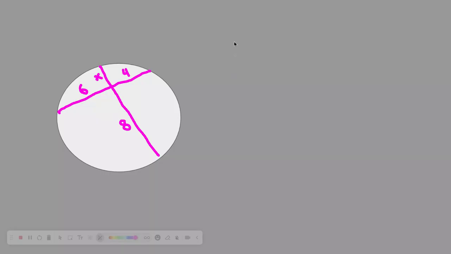Well, according to the theorem, if we take the products of one chord, this chord here, and we'll call it AB, chord AB. So we say the product has to equal the product of CD.